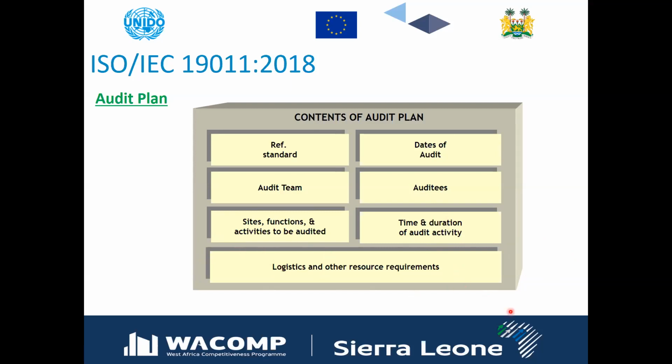Maybe one branch is here and another branch is 4 kilometers away or 10 kilometers away, and what kind of logistics the lead auditor requires from the auditee company at that time, what kind of arrangement.